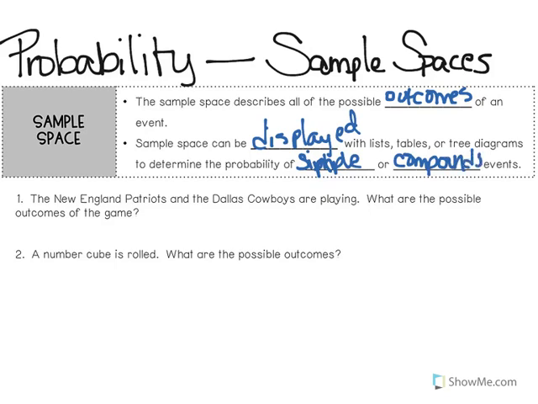So that's the definition, that's what a sample space is. It's all the outcomes, and we display it with lists, tables, or tree diagrams.